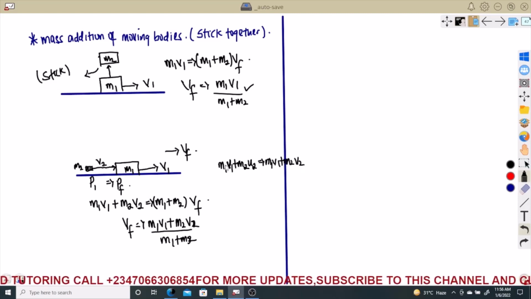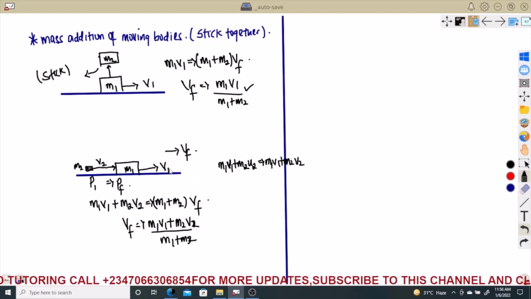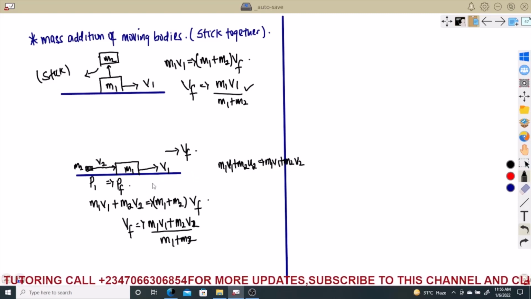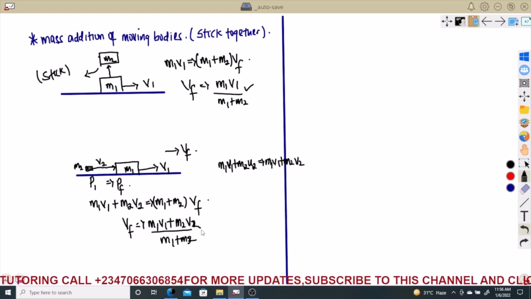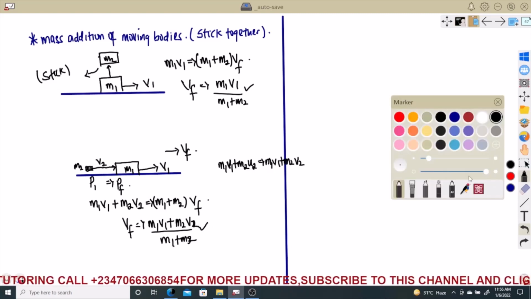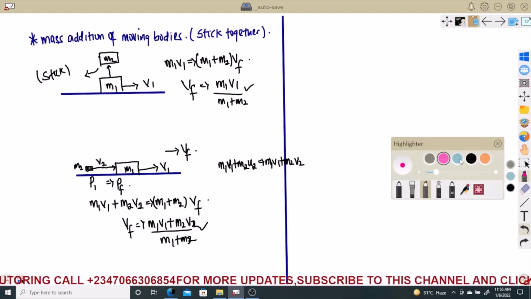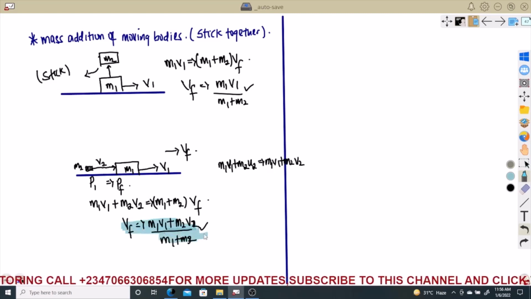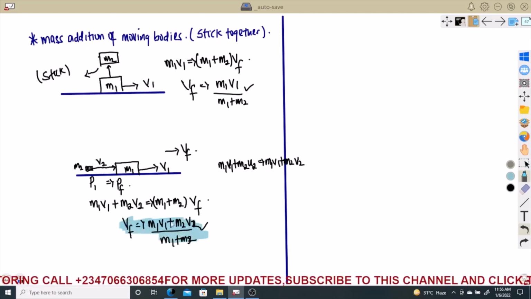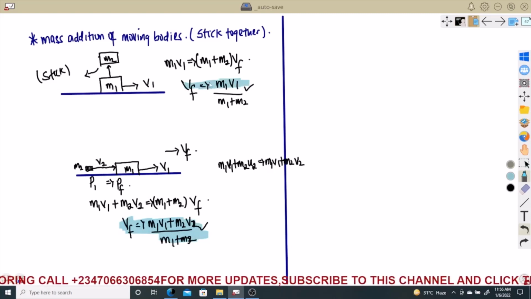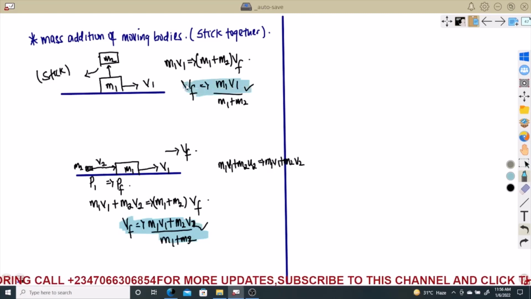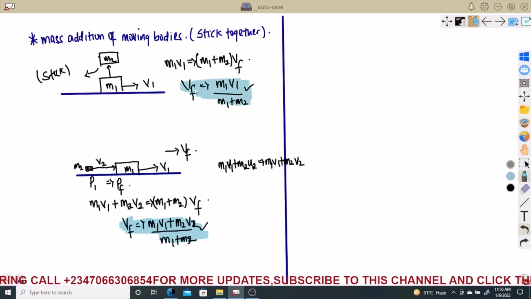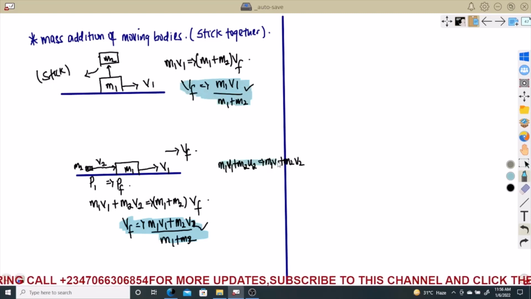So this is another situation which can also occur in this type of relationship. All these I believe you have studied before, and these formulas can be used directly to solve a lot of questions when we get to the illustration side. So you keep them at the back of your mind for now. Like I said, this should not give us issues because most of this concept has been taught in our junior classes. So guys, keep them at the back of your mind.